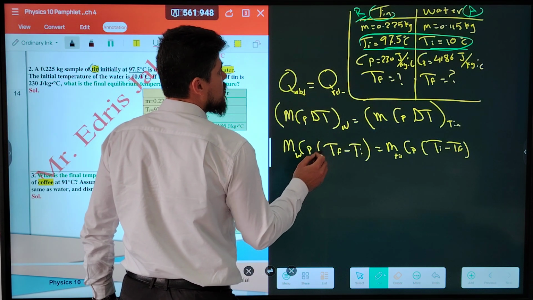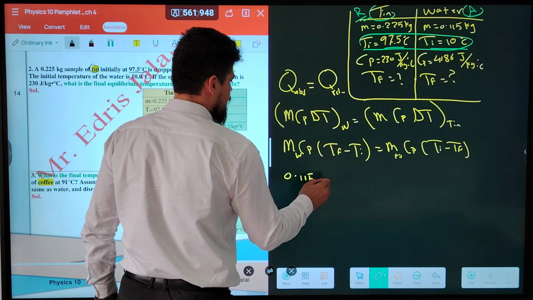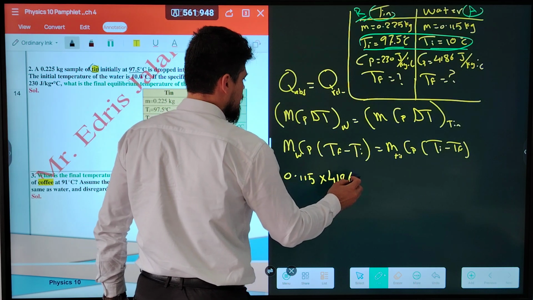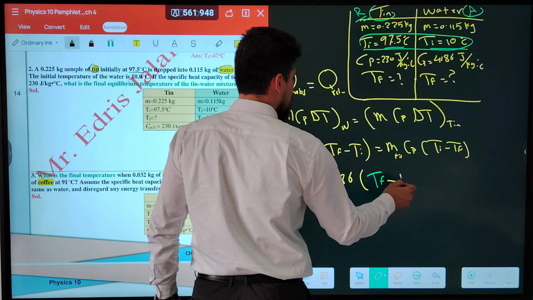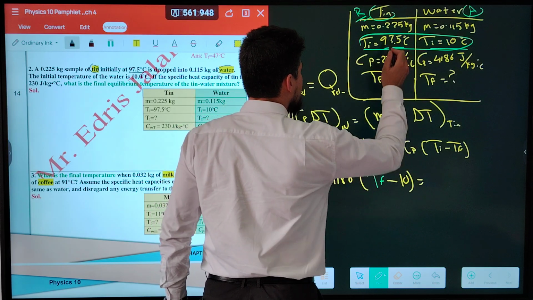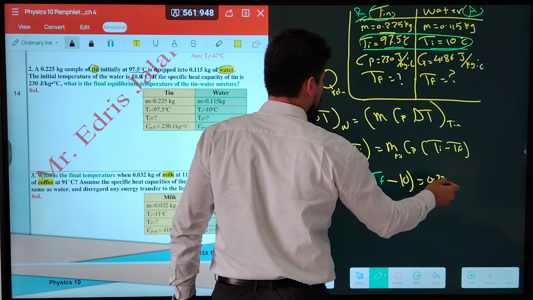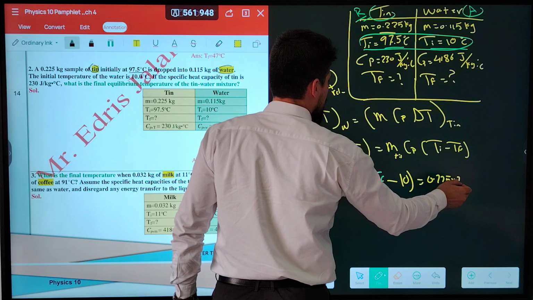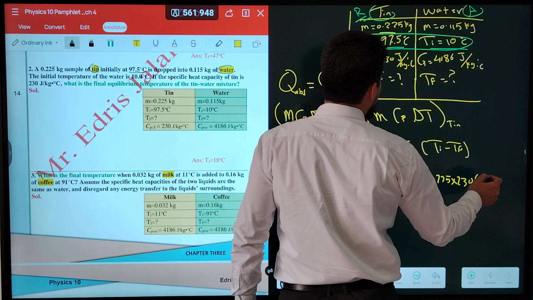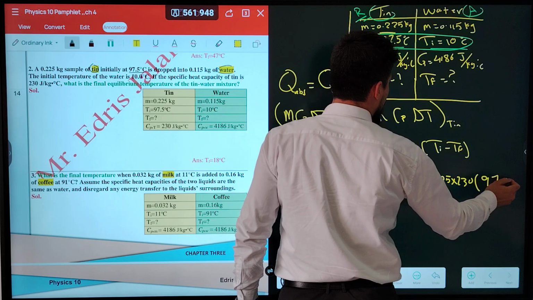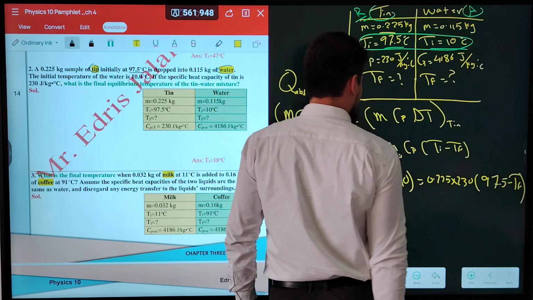Mass for water is equal to 0.115 times 4186, T final unknown minus T initial 10, is equal to mass of tin 0.225 times 230 times T initial 97.5 minus T final.